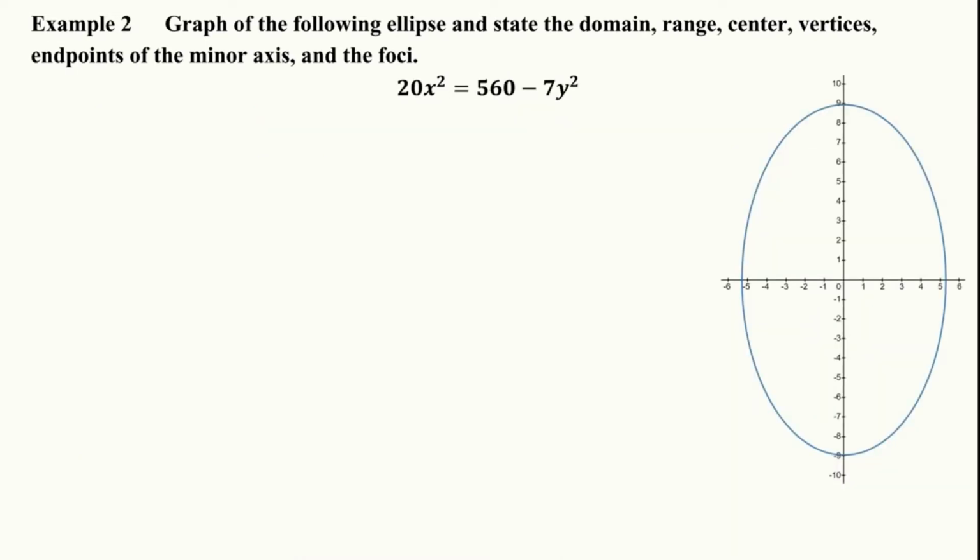All right, so now we're going to do the same for this equation. It doesn't look like an ellipse at first sight, but if you work on it a little bit, you can see where that could happen. So we're going to put it in the standard form that we have found, x squared over a squared plus y squared over b squared equals 1, or the other one, x squared over b squared plus y squared over a squared equals 1.